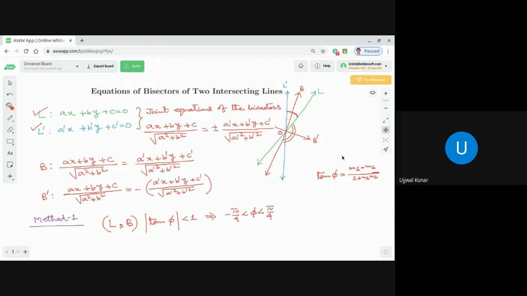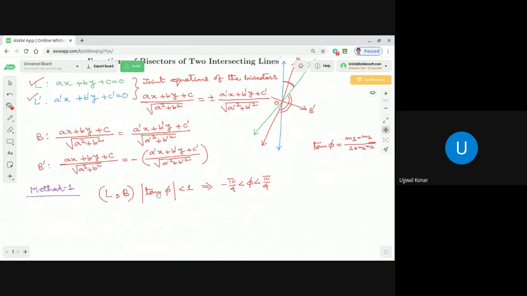Then what can we conclude, dear students? If the mod of tan phi is less than 1, that implies minus pi by 4 is less than phi less than pi by 4, which implies B is the acute angle bisector.